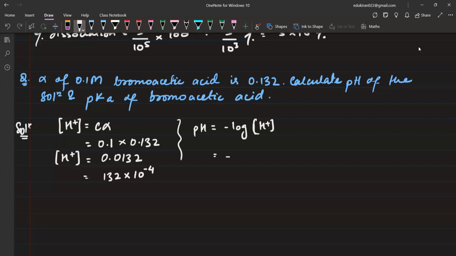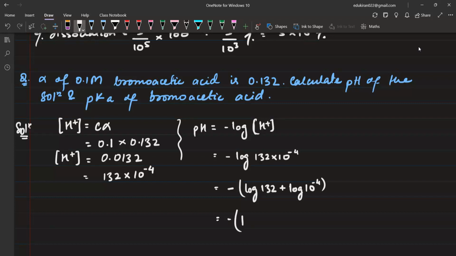This will be equal to minus log of 132 into 10 to the power minus 4, which I can write as minus log of 132 plus log of 10 to the power minus 4. Now minus is as it is, log 132 I will keep as it is, and इसको क्या सकते हैं, -4 हो जाएगा ये, है ना. -4 will come down, log 10 तो 10 होता है.